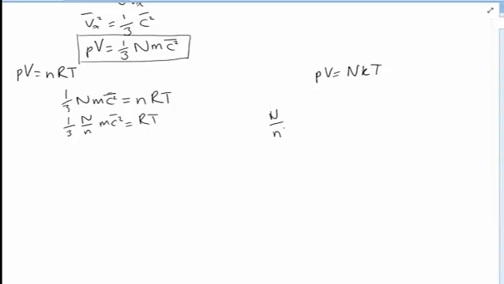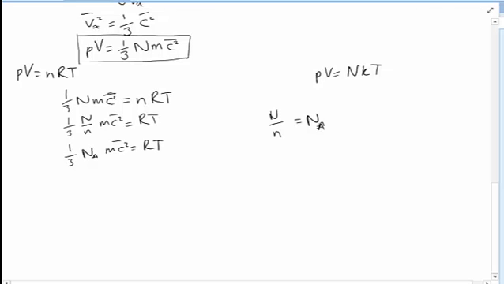And there's an expression for that, which is the Avogadro constant. Okay, so that is a constant value, and we give that the symbol N_A, subscript A for Avogadro's constant, and that's a number that you'll get on your data sheet. So we can then say 1/3 N_A m c squared bar equals RT.